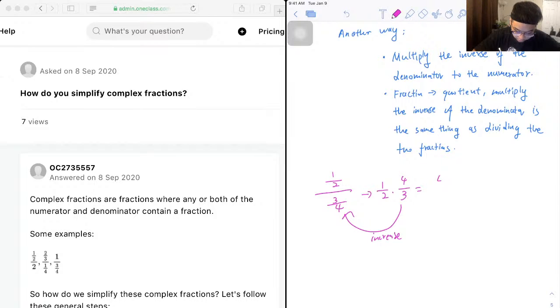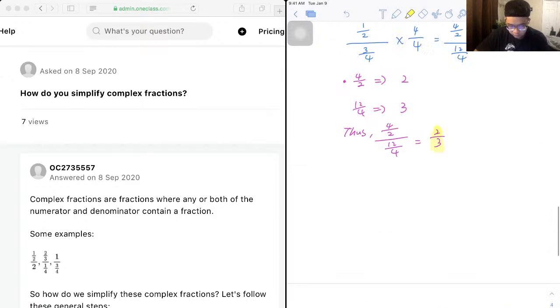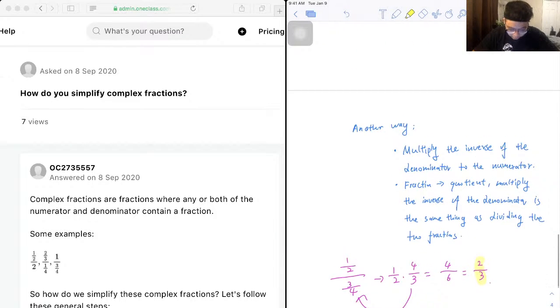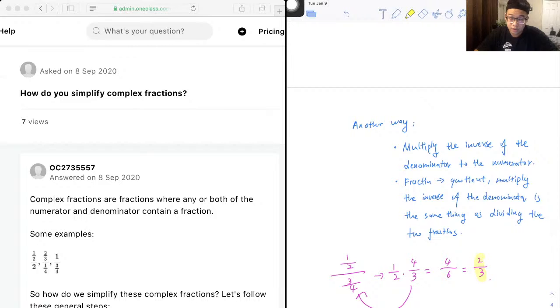So we get 4 over 6, and then we just need to simplify it because 4 and 6 are both even numbers, so we can divide the top and bottom by 2. So 4 divided by 2 is 2, 6 divided by 2 is 3. So still, we got 2 over 3 and 2 over 3. So either way works. You can always use one way to solve it and use the other way to check if your answer is correct or not.